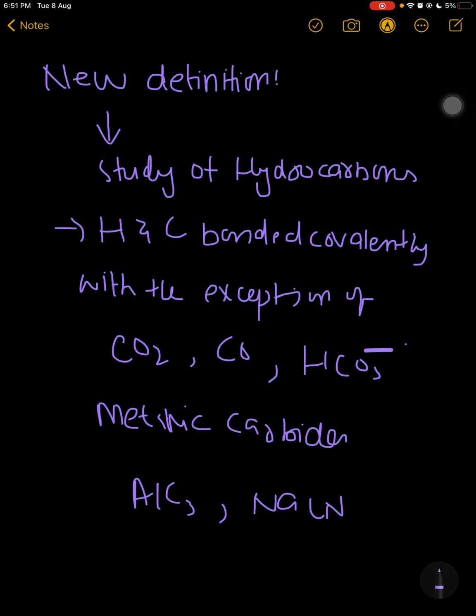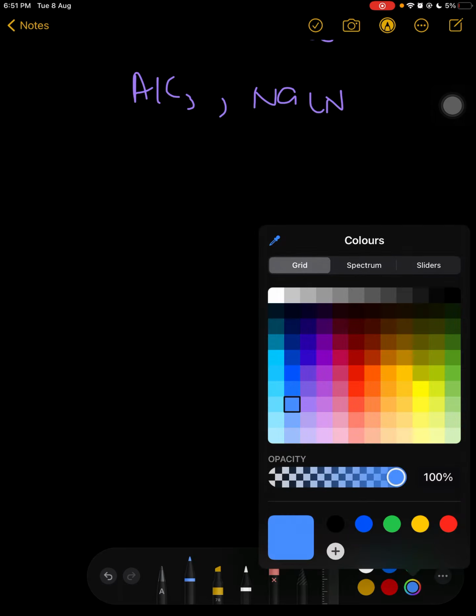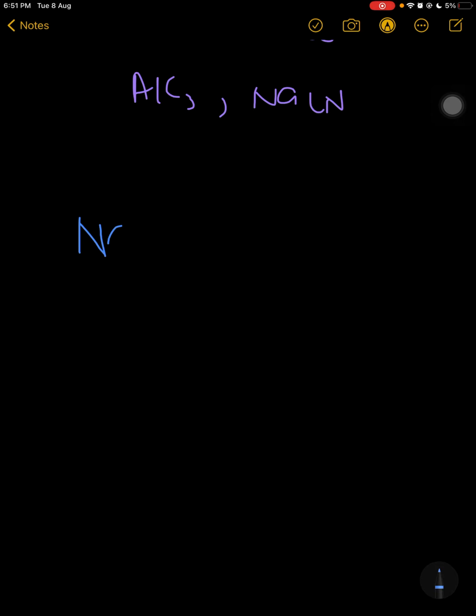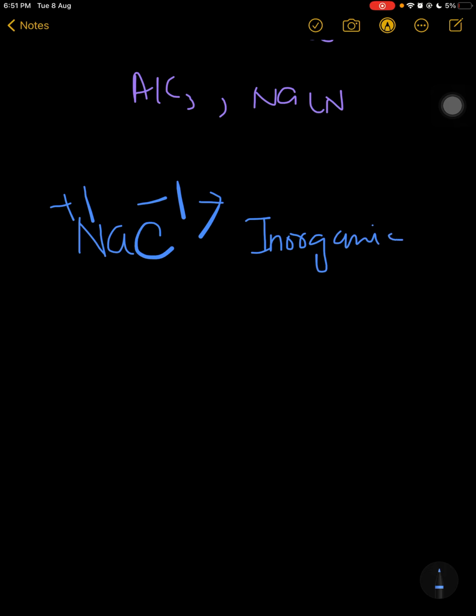Right, so now let's discuss when carbon is considered organic and when it is considered inorganic. For example, if it makes a bond with sodium, consider the compound NaC. Here obviously there will be a complete positive charge and a complete negative charge. This complete negative charge shows that here the carbon is inorganic.